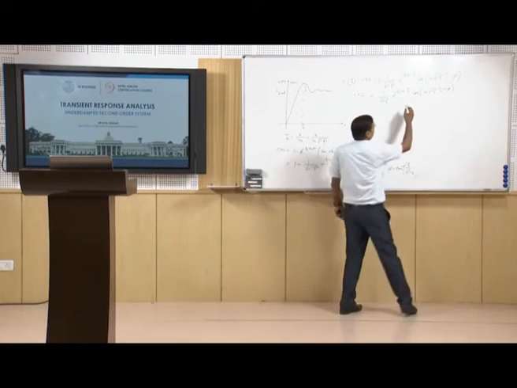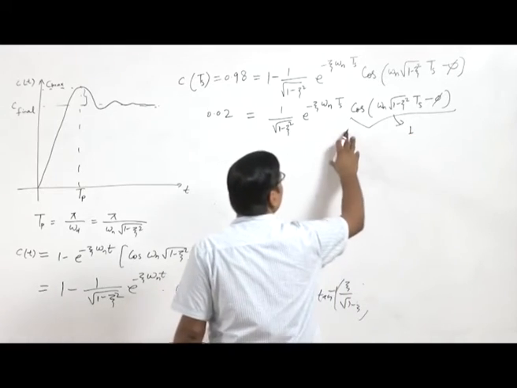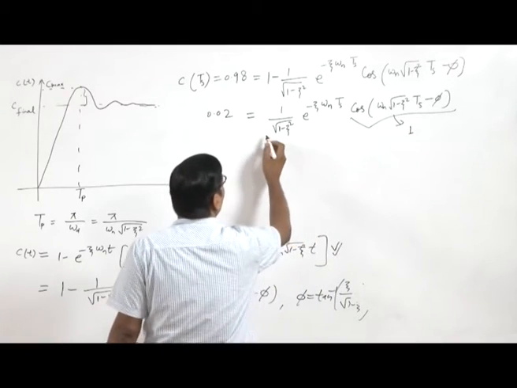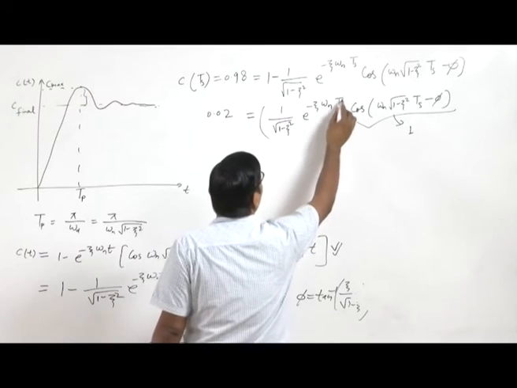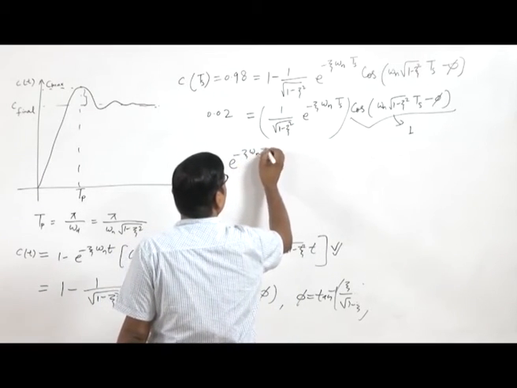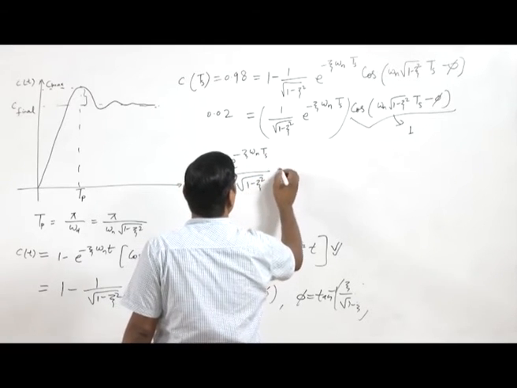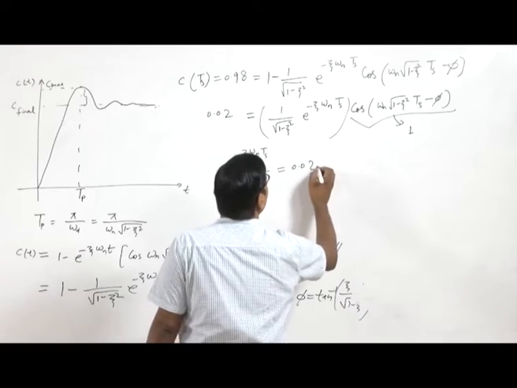See this, the maximum value of the cosine term is 1. So we can have e power minus zeta omega n Ts by root 1 minus zeta square equal to 0.02.